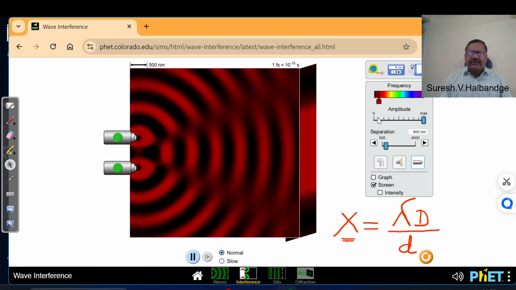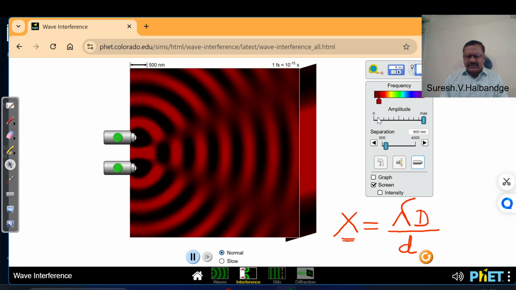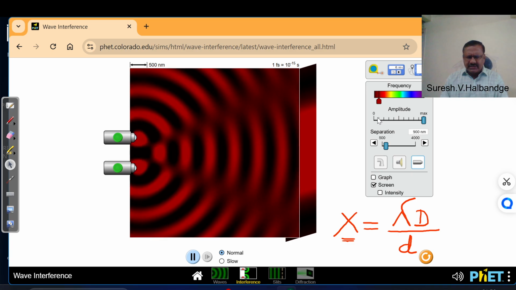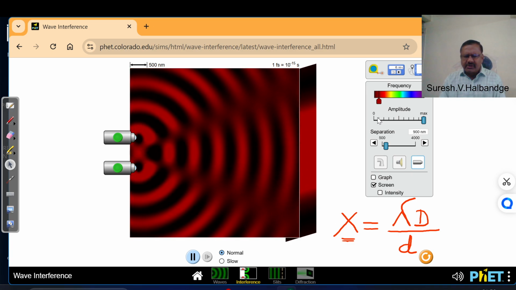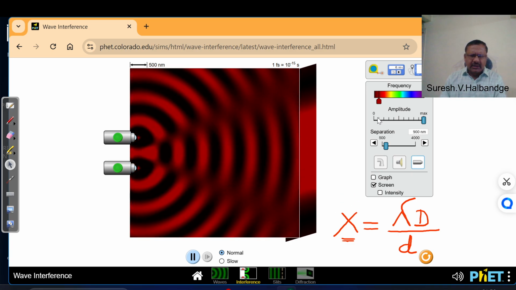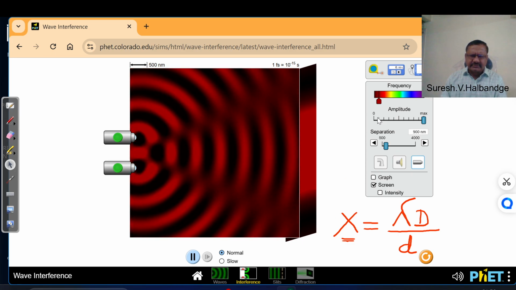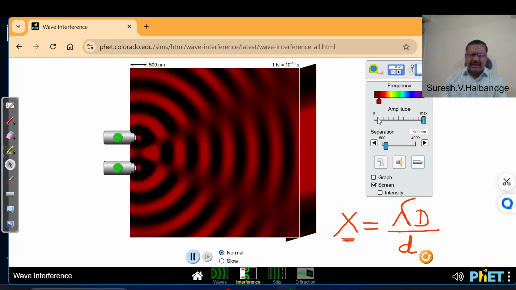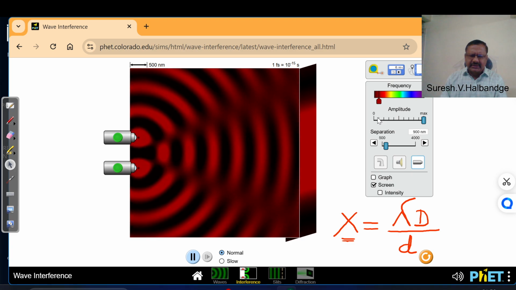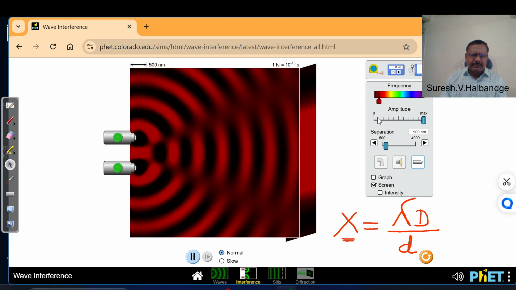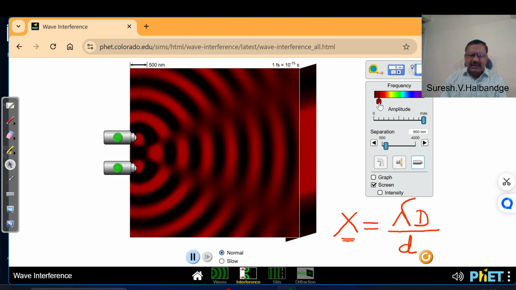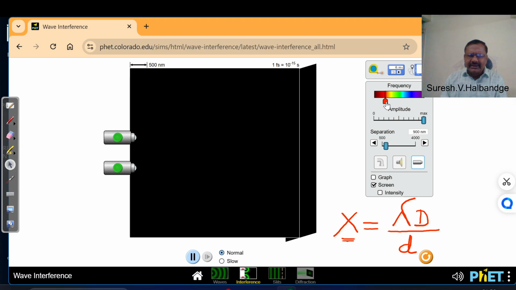Now here the wavelength is increased. So bandwidth is increased. That's why we are able to see just one bright band and alternate dark bands. Now I will decrease the wavelength and move towards the orange color.